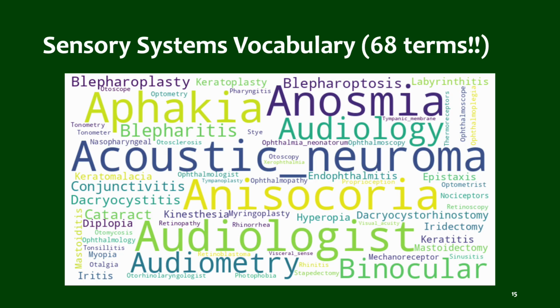So I saw that for the sensory systems, we have 68 terms or vocabularies. For these, try to aim to master 70 to 80% of the terms at this very moment. Of course, it's really important to pursue excellence, but I want us all to realize that it's your first time looking at a lot of these terminologies, and it will require some repeated revisits for you to feel familiar with these terms.